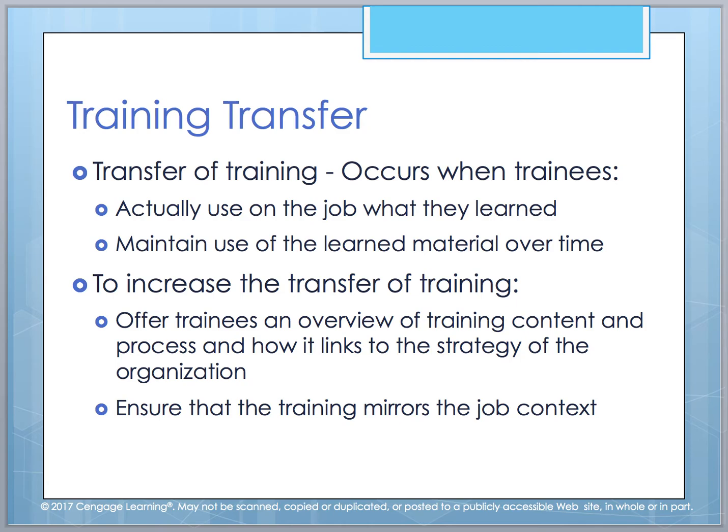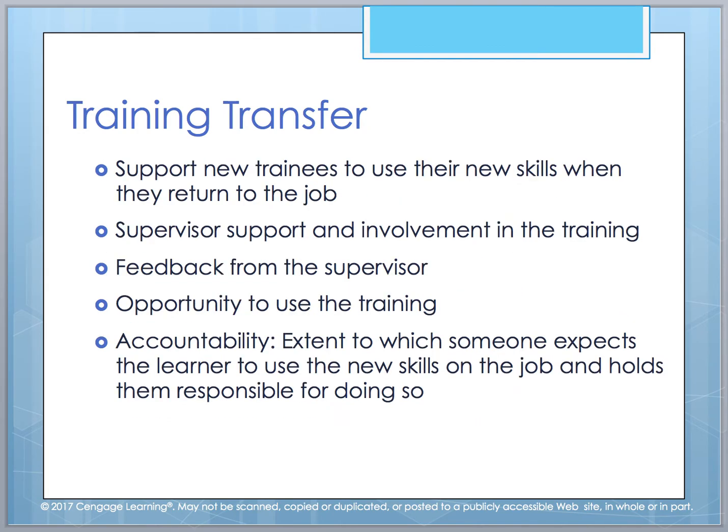To increase this transfer, you should be able to offer an overview of the content and process and how it's linked to the strategy of the organization, and ensure that it mirrors the job context. You have to be able to support new trainees to use their skills when they return to the job, and of course provide supervisor support and involvement in the training. Feedback is always needed from the supervisor as well.